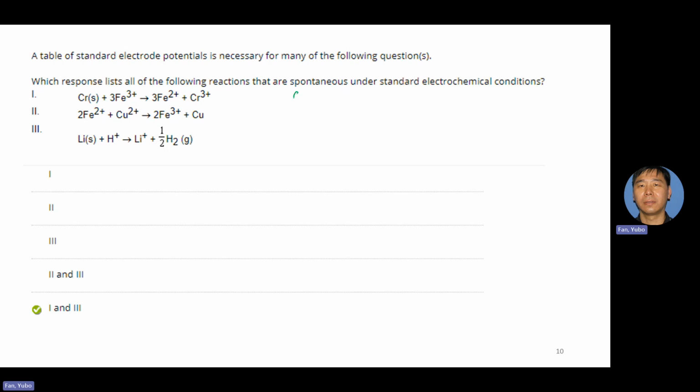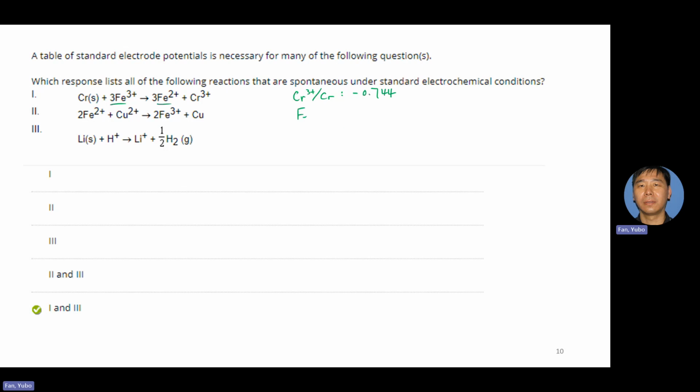For chromium, if you search the table, you can find the value. We used it in one of the previous questions, but we checked one more time, and its potential is minus 0.744 volts.